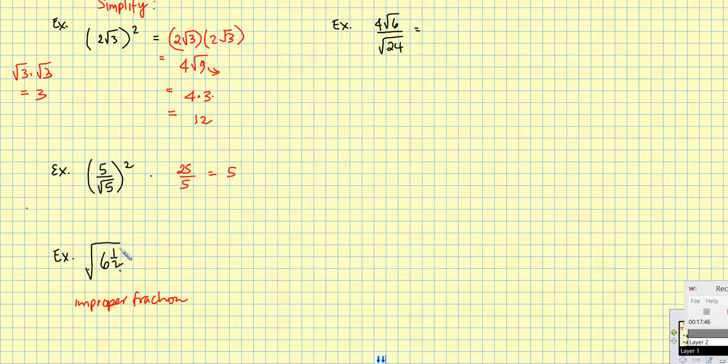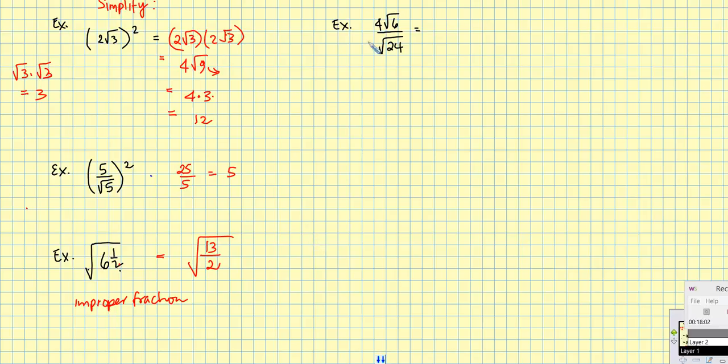So it's 12 plus 1 is 13, and it's 13 over whatever the denominator was. Now, because I can't take the square root of 13, and because I can't take the square root of 2, my answer just remains the square root of 13 over 2.